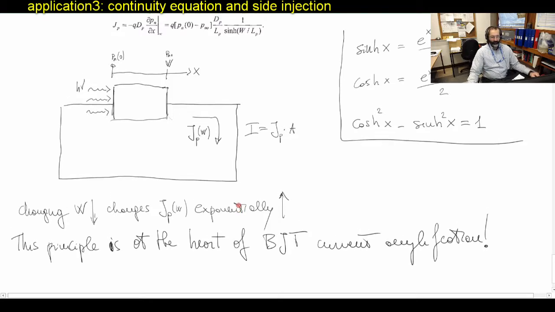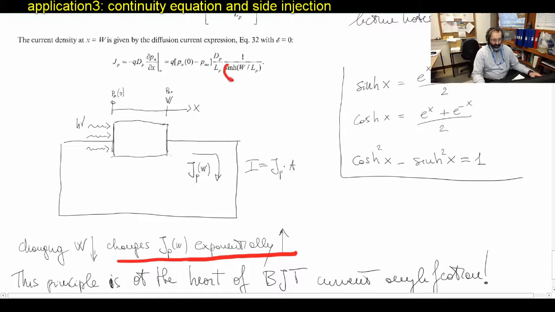And what we can see from this special example is that if W becomes smaller, goes down, then Jp grows exponentially up, because as you can see, W appears in the denominator through this hyperbolic sine, and the hyperbolic sine is exponentially dependent on the argument.